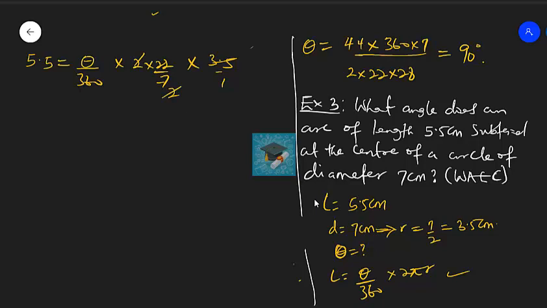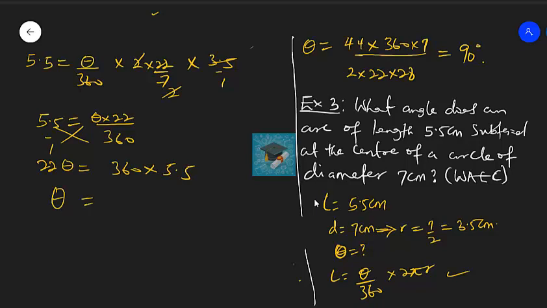So what we have left is 5.5 is equal to theta multiplied by 22 divided by 360. If you cross multiply, we say 22 theta is equal to 360 multiplied by 5.5. And theta is 360 multiplied by 5.5 divided by 22.